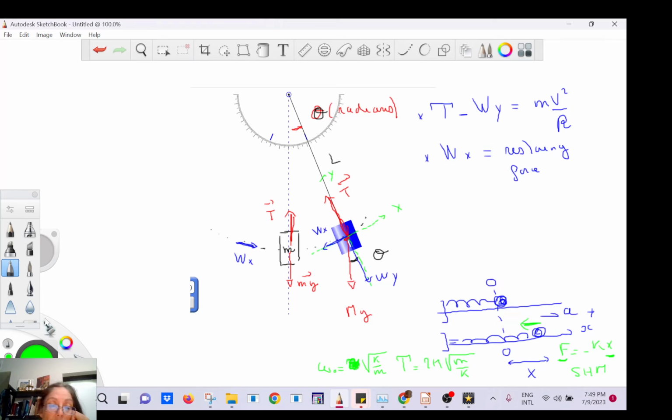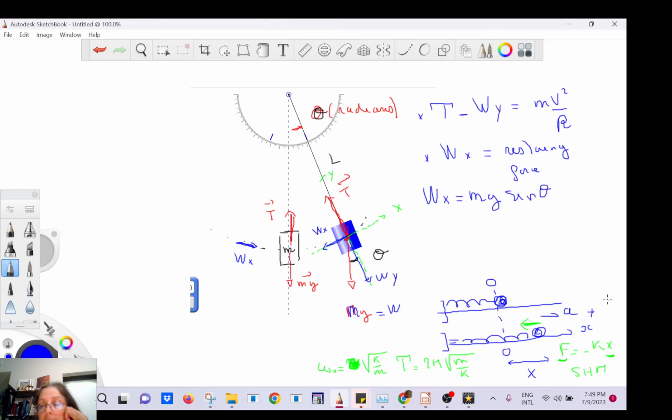So the X component of the weight: this is your weight, so it's going to be mg. Sometimes it's a capital, but that's a small m. And here you have theta, so mg sine theta.